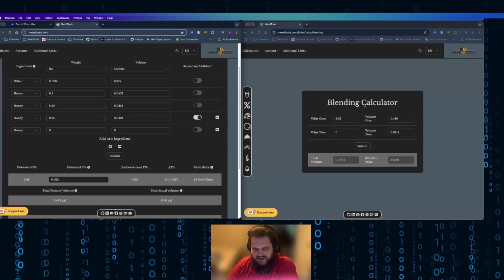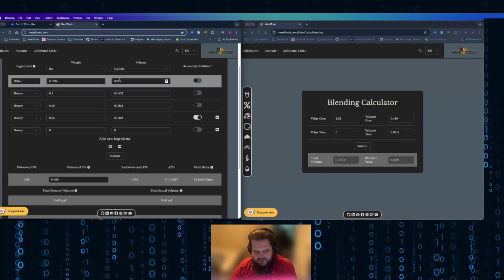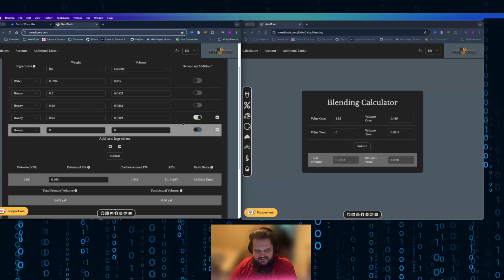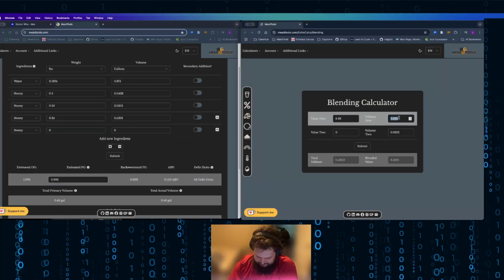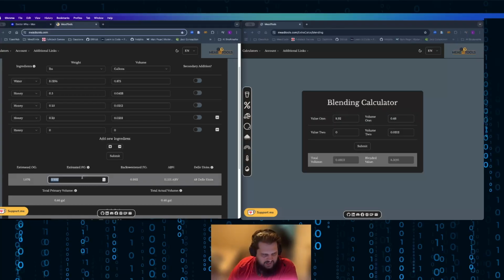This uses another blending calculator. It's exactly the same as this one. I just don't want to go through and do the ABV and then do the blending when I've already got the tool built in here to show you exactly what's going to happen. So now my volume is 0.46, and my ABV went to straight up 1 this time.